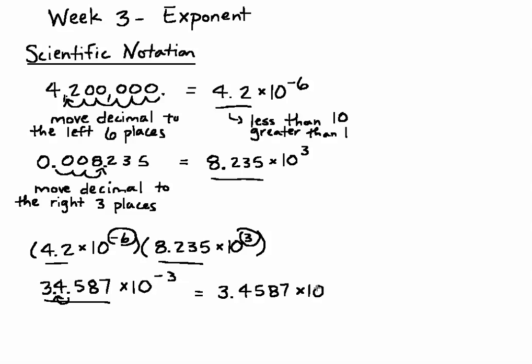So our exponent needs to be negative 1. So we need to add a negative 1 to our exponent, making our final answer 3.4587 times 10 to the negative 4th power.